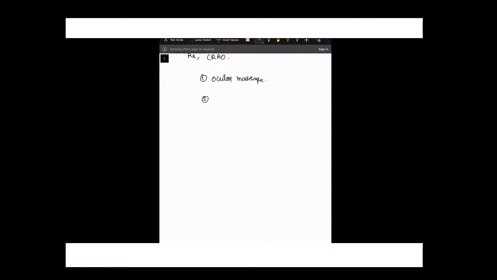If there is an immediate need, we should lower the intraocular pressure with the help of drugs like mannitol and acetazolamide.